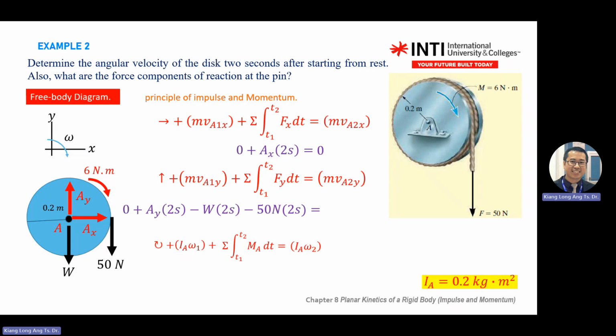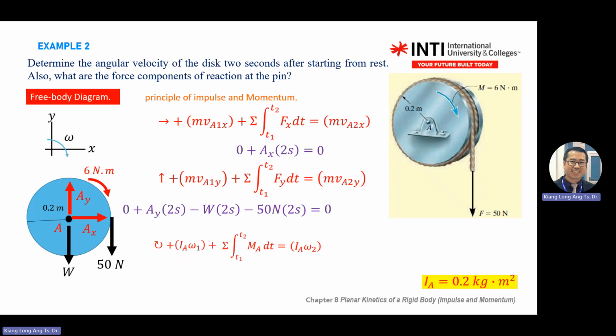Then VA2 is also 0 because point A doesn't move anywhere. So here you have one unknown. W you know, mg, with g as 9.81. So this one you have a value. Only one unknown in this equation, you can find AY.